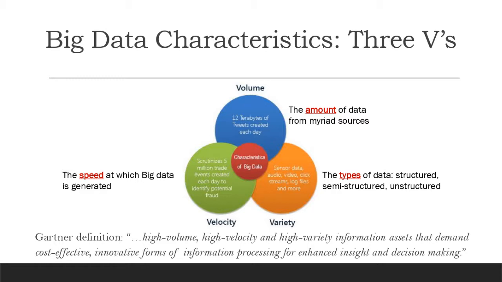Velocity is the speed at which big data is generated. For example, we could say we are scrutinizing 5 million trade events that are created each day to identify potential fraud or fraudulent activities.